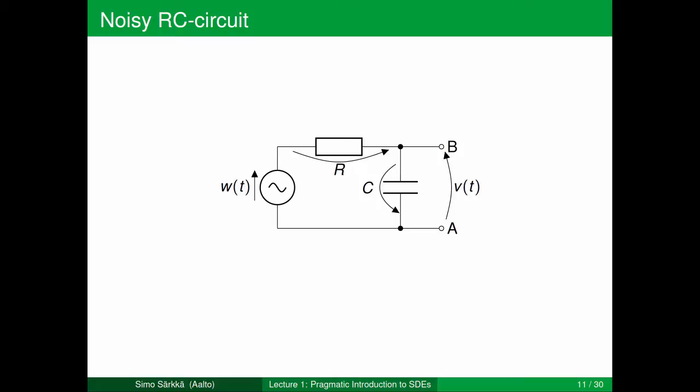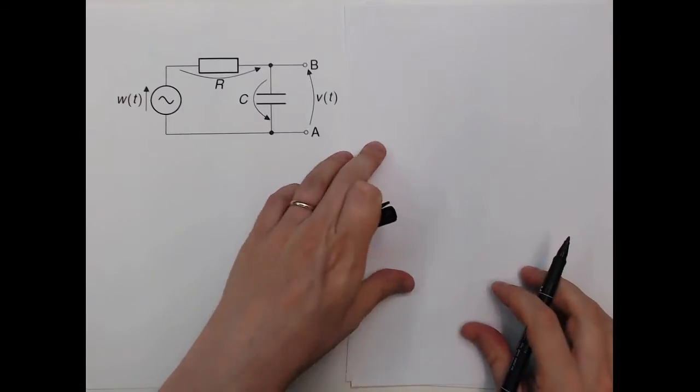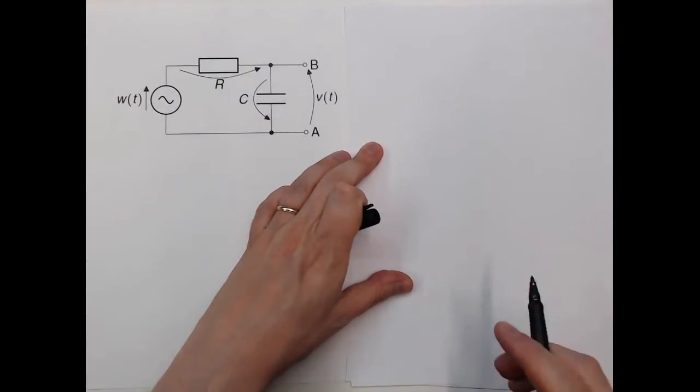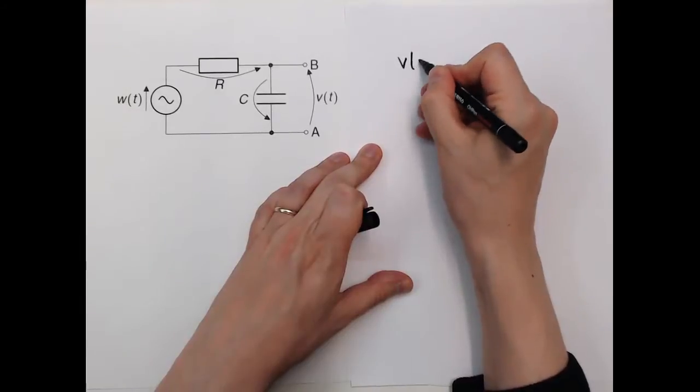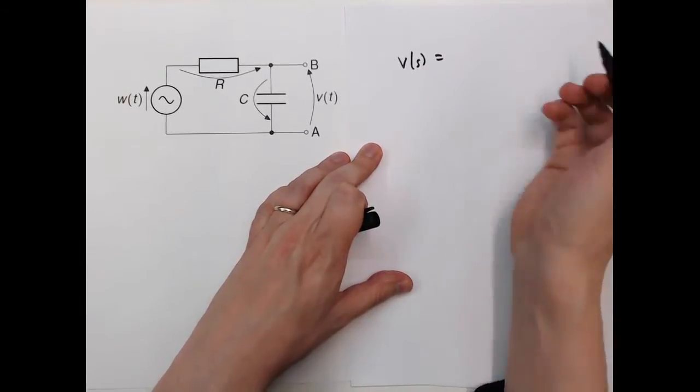Let's now take a look at the RC circuit that's shown here. We have an input voltage which is Wt, and the output voltage is Vt, and then we have a resistor and a capacitor in the system. We can write down the Laplace domain transfer function of the circuit quite easily.